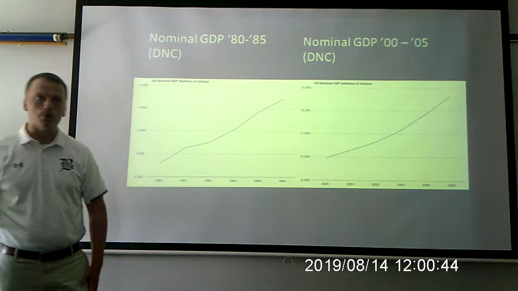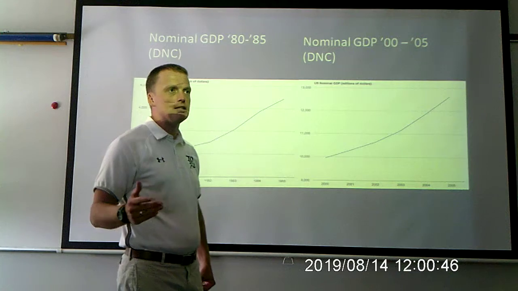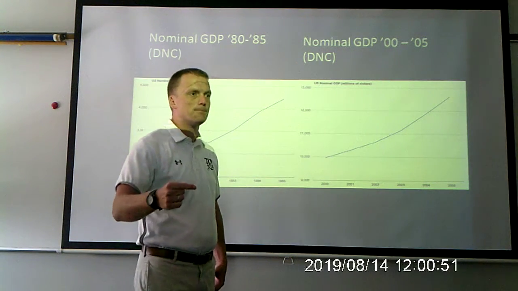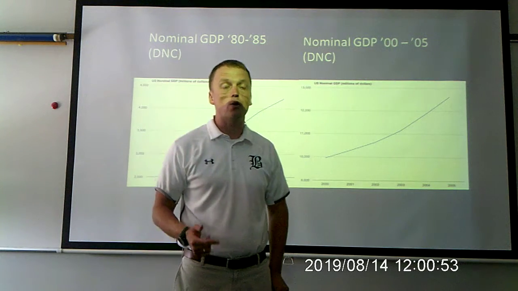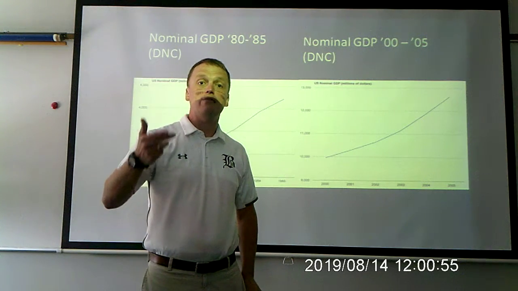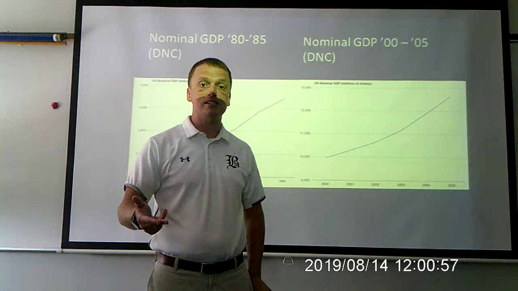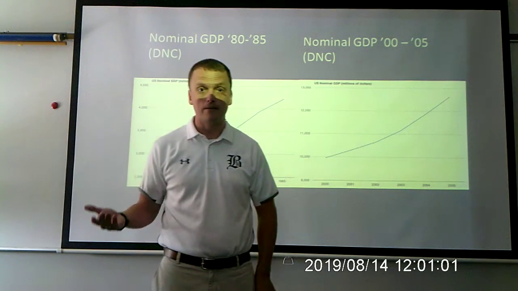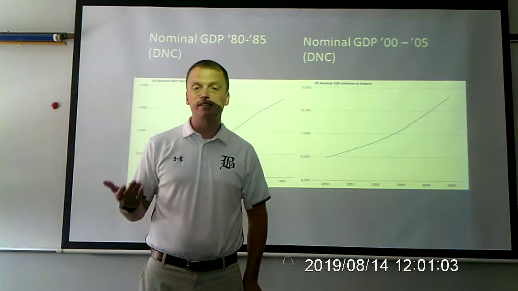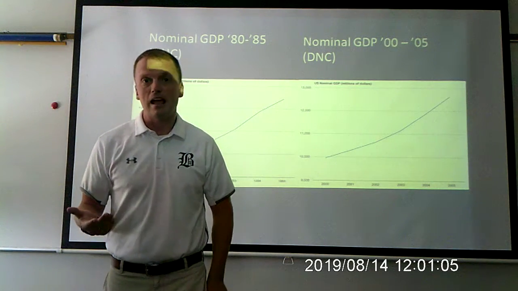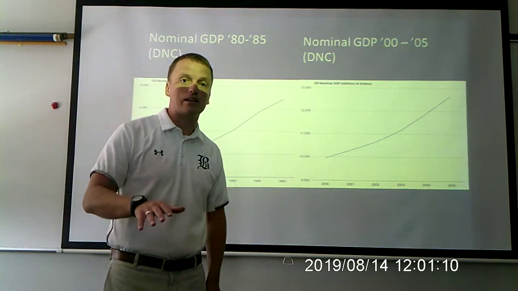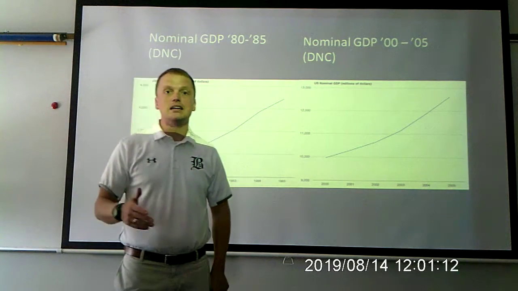For sake of example, if GDP in India is twice as big as, I don't know, Canada, for example, can we say that the standard of living in India is twice better than the standard of living in Canada?